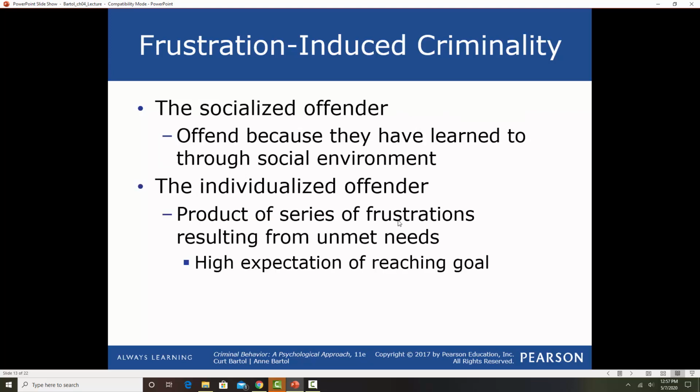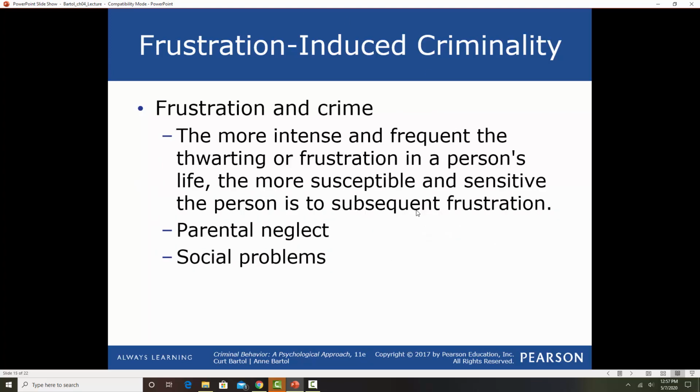There are a lot of different types of frustration-induced criminal behavior, and that's what we were just talking about there. But the more intense and frequent the person's thwarting or frustration in a person's life, the more susceptible and sensitive the person is to subsequent frustrations. In other words, Berkowitz and others have found that kids who don't get what they want, their needs aren't met.